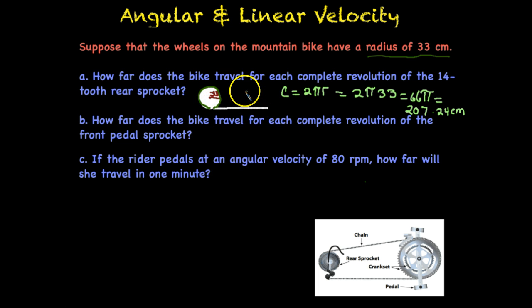So with one rotation of this rear sprocket, that bike moves 207 centimeters approximately. Now we could always convert that to inches or feet to make it more understandable, but that's how we determine how far the bike travels.